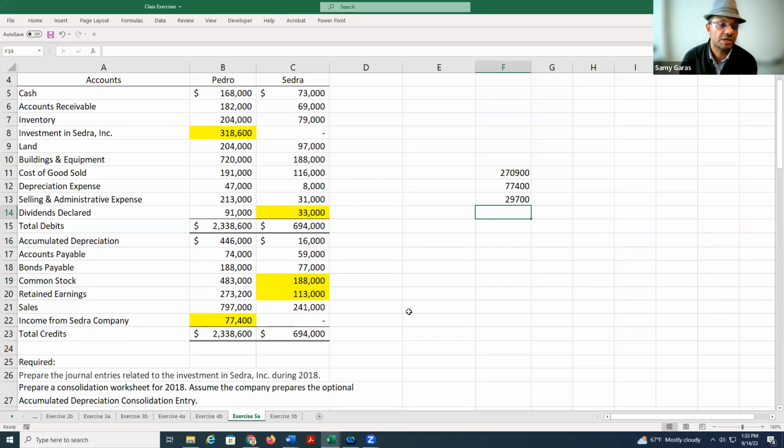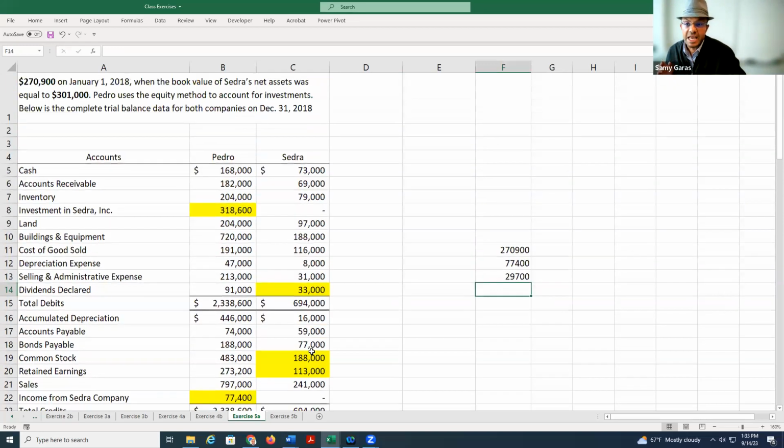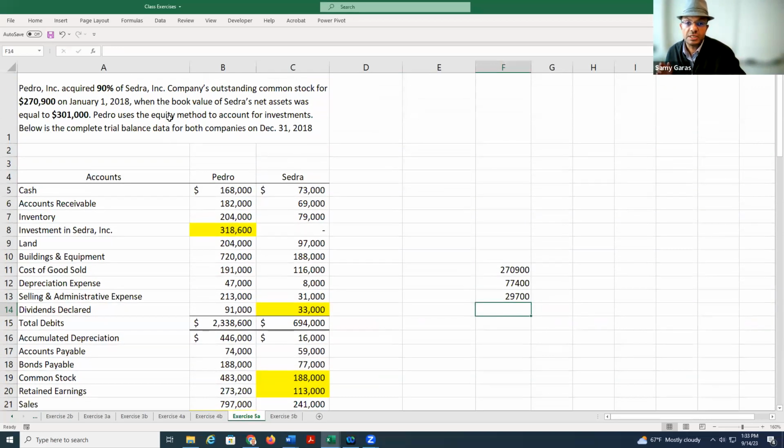We get 27,900. Because the company uses the equity method, it says here that Pedro uses the equity method. And I hope you still remember from the previous lectures that when we use the equity method, number 1, we record the investment. Number 2, we record our portion of the net income, which is 77,400.